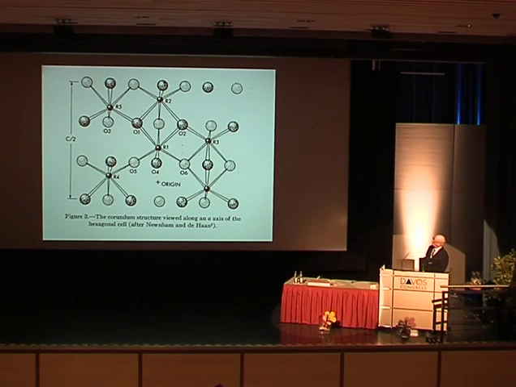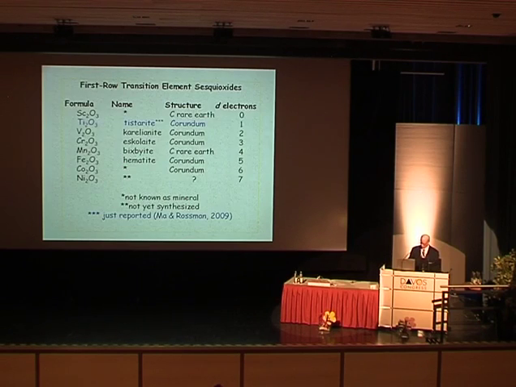Corundum is an interesting structure because you have octahedra that share faces with other octahedra in a pair, and there are electronic interactions across the shared face. And each octahedron also shares 3 edges with 3 surrounding octahedra, and there is a chance for electronic interaction there, particularly among the transition elements.